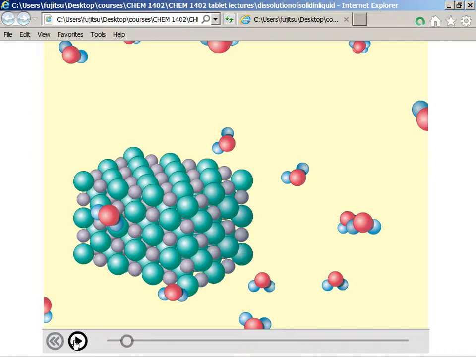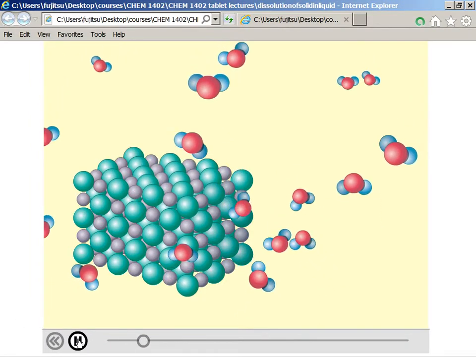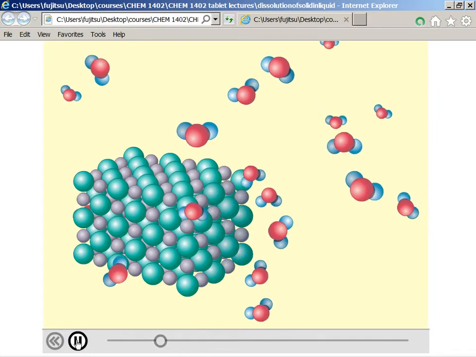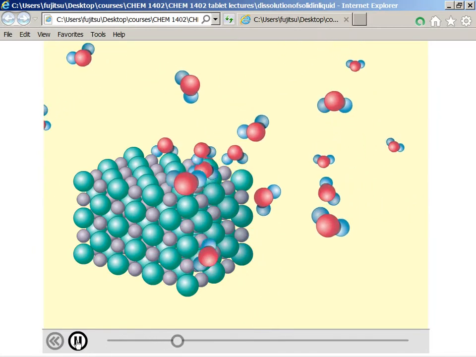Because if this sodium chloride crystal is dissolving, notice how it's kind of cubically packed. As it pulls off the sodium and the chloride ions, how the water molecule is oriented is the only hint you have as to whether it's the sodium or the chloride. I'll give you an example here. Let's pull one off.